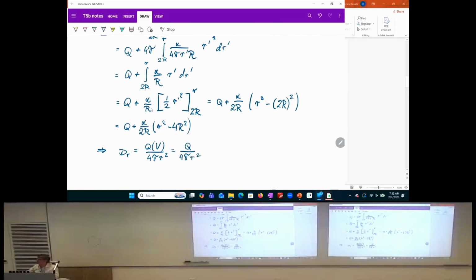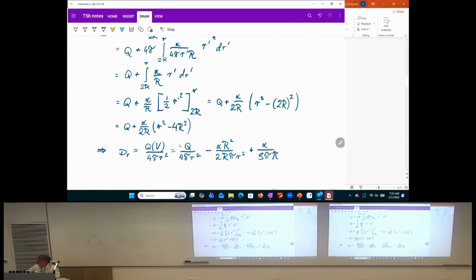This is this part, and then we insert this also. This gives us minus alpha capital R squared over 2R by small r squared plus alpha over 8 pi r.